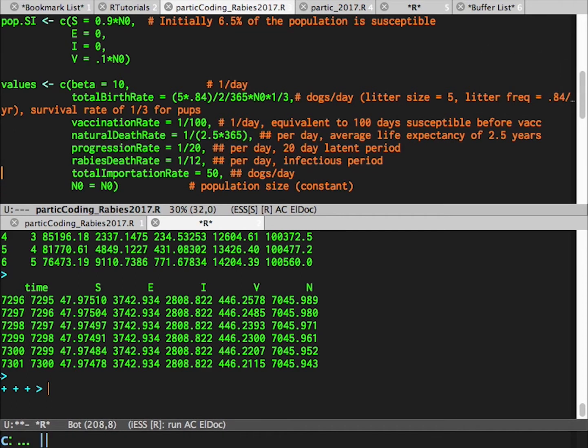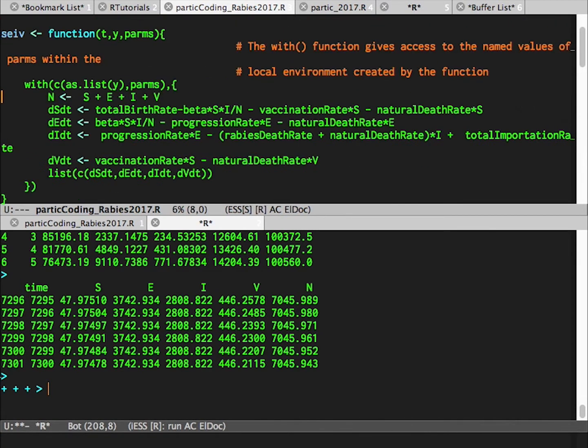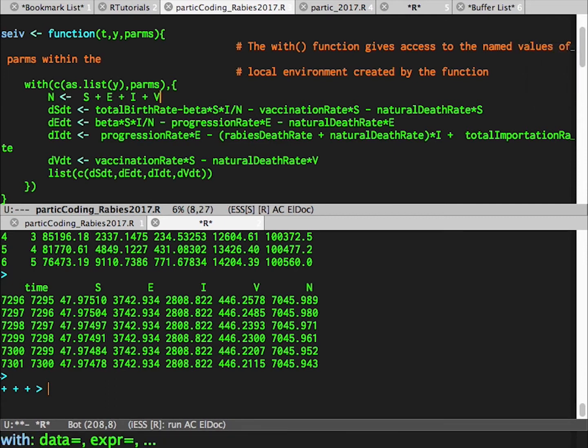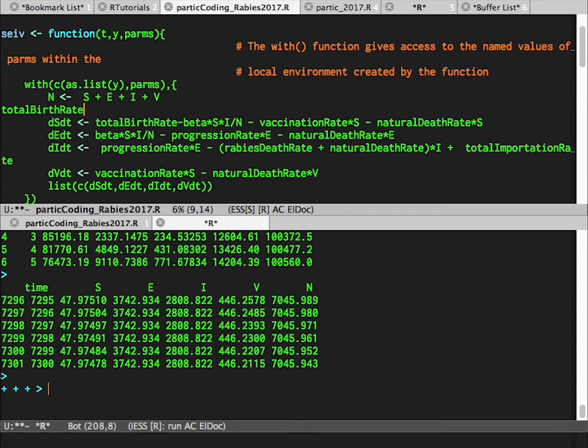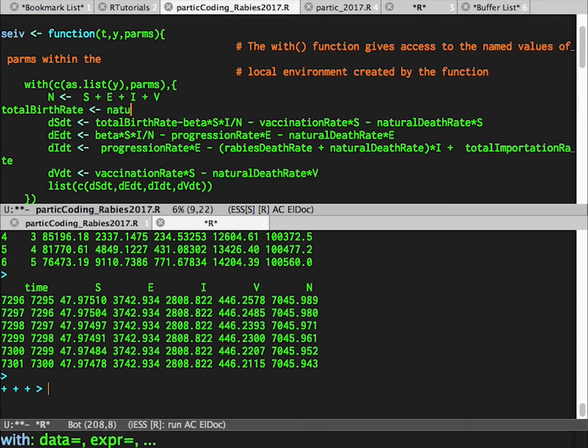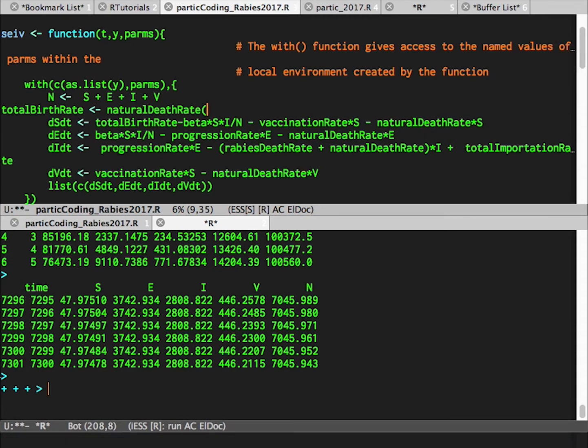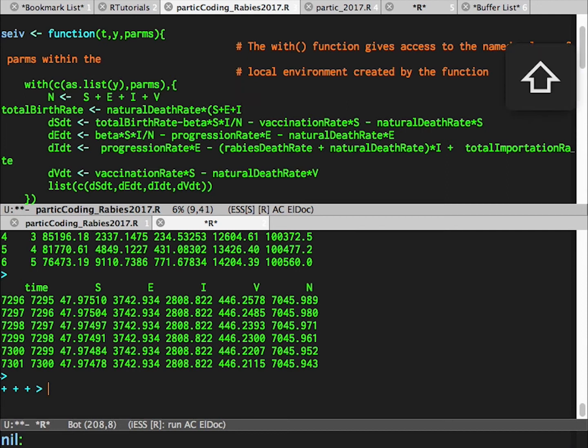Okay, so what we'll do is we'll make the total birth rate equal to all the deaths. Okay, so total birth rate is going to equal natural death rate times S plus E plus I plus V, plus what?